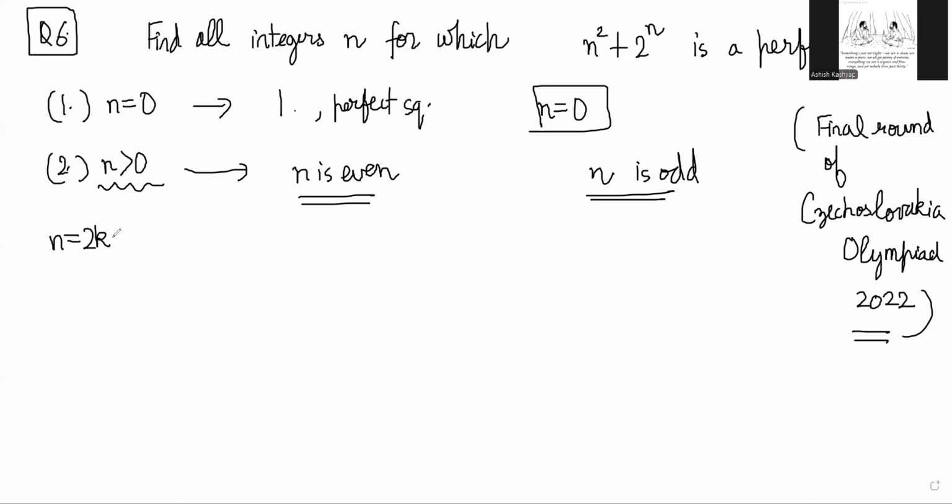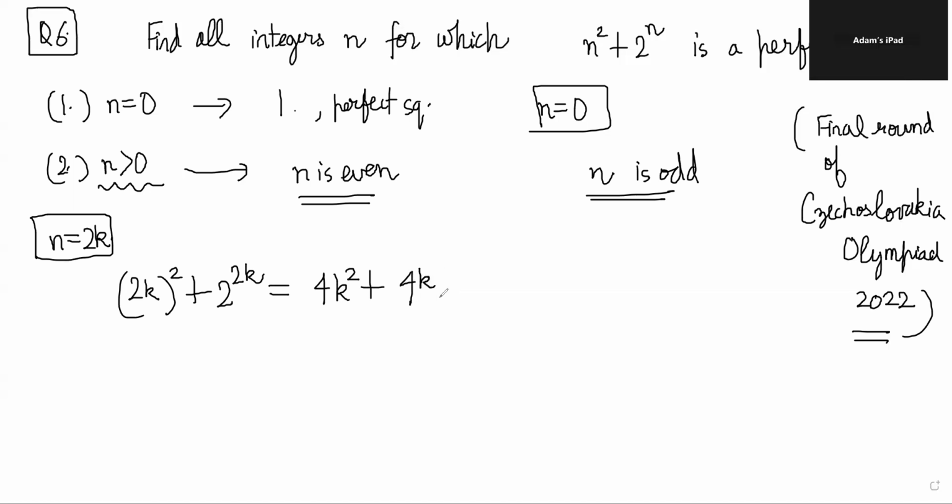If n is equal to 2k, what happens? 2k square plus 2 to the power 2k. So that is becoming 4k square plus, this is like 4 to the power k or something, right? Yes. Or you don't need to write it like that.